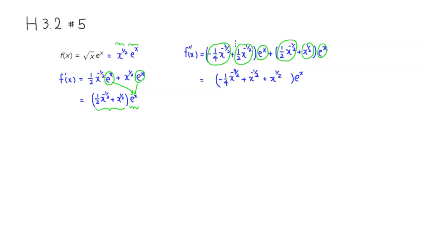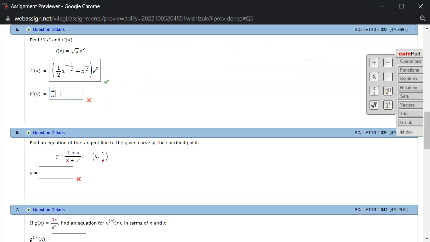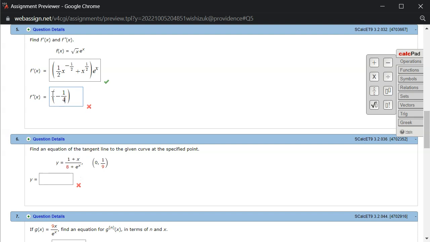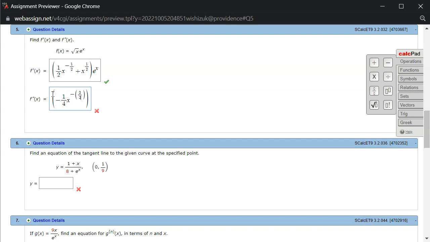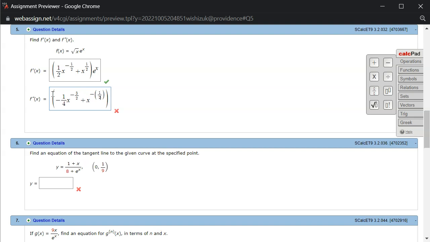So let's type it in. What we got was the quantity negative 1/4 x to the negative 3/2, and I'm going to get rid of the parentheses there, plus x to the negative 1/2 power.